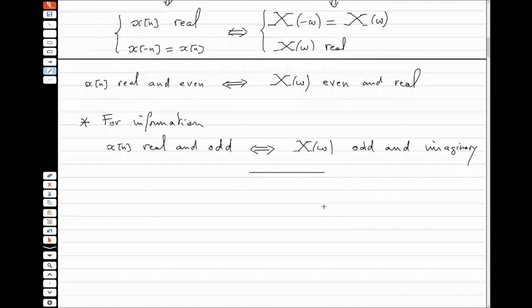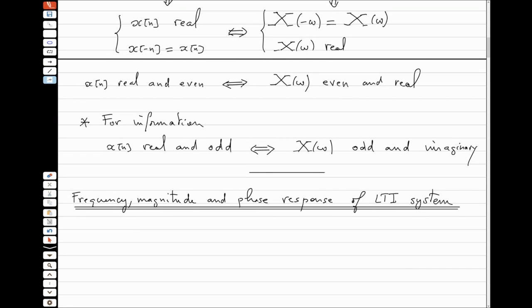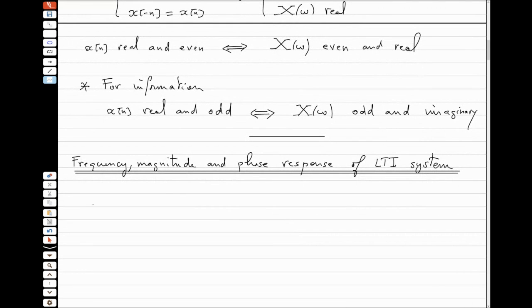Now I would like to go to the next paragraph, which is called frequency, magnitude, and phase response of LTI system. So consider an LTI system.